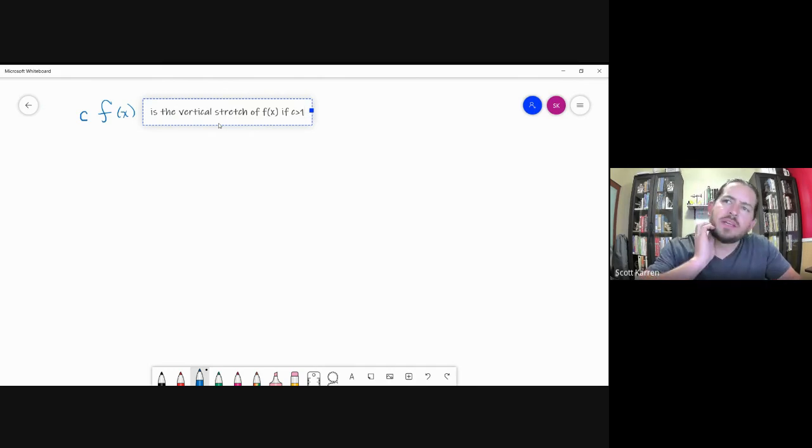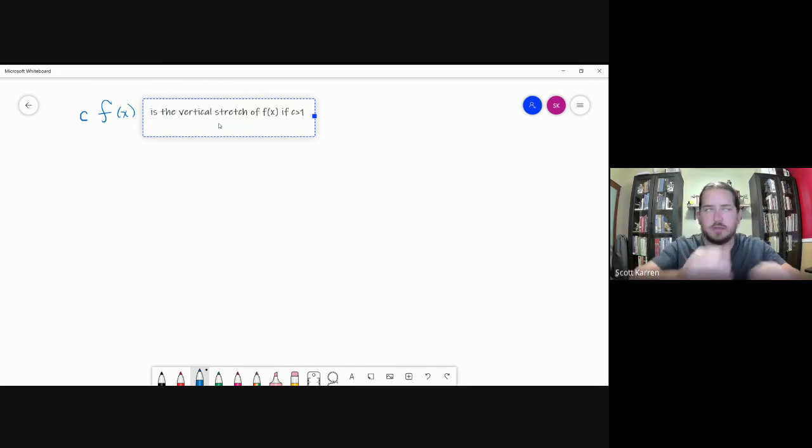If c is 1, then this is just f of x, and there is nothing happening. If it's greater than 1, it's going to take your function and stretch it, make it elongated in the vertical direction, right? But if c is less than 1, somewhere between 0 and 1, then it actually squishes it, right?